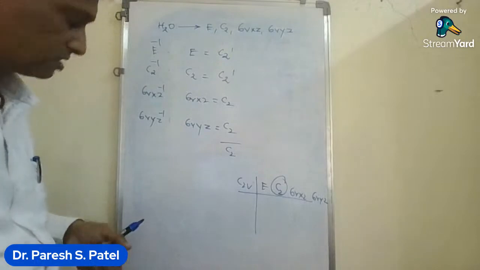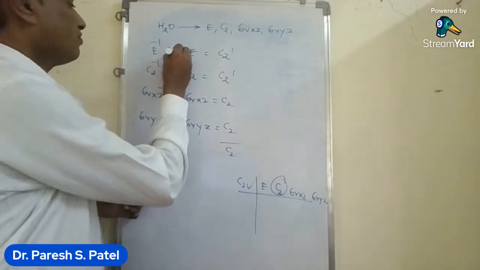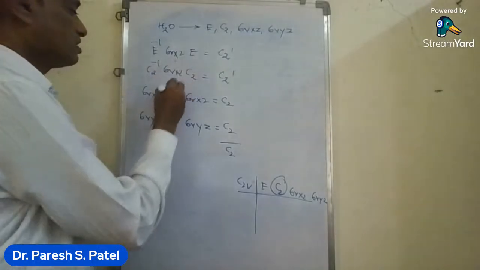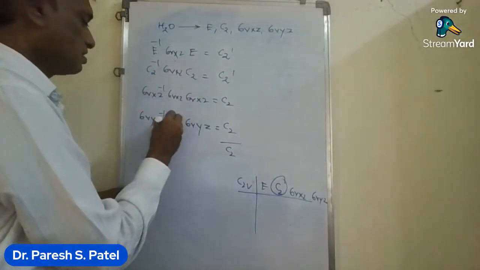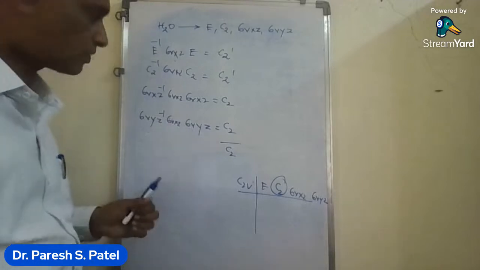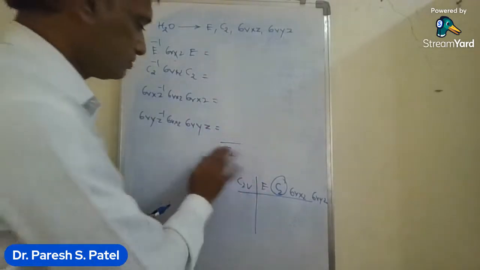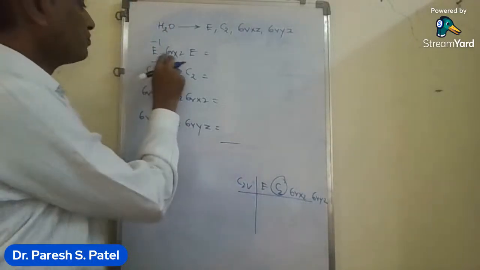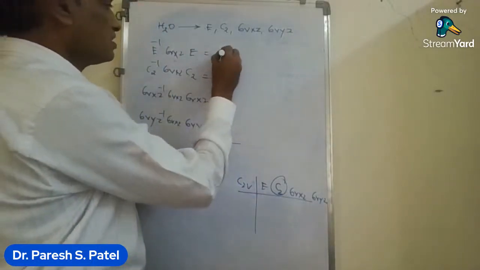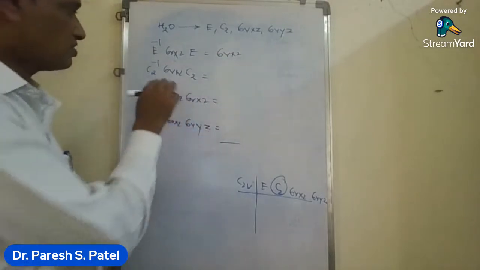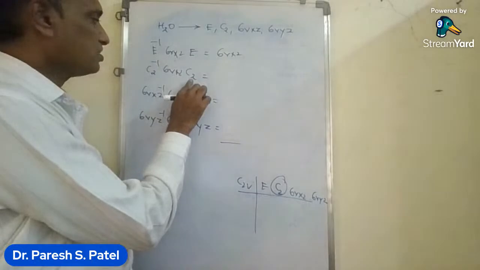Next one is sigma V yz. Sorry, xz. Sigma V xz. E inverse sigma V xz E. Answer is sigma V xz. There is no change. C2 inverse means changes, unchanged, changes.